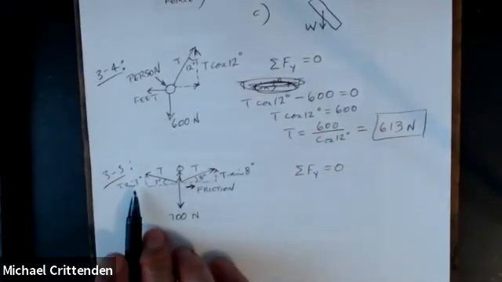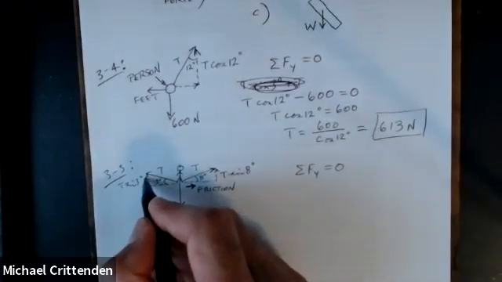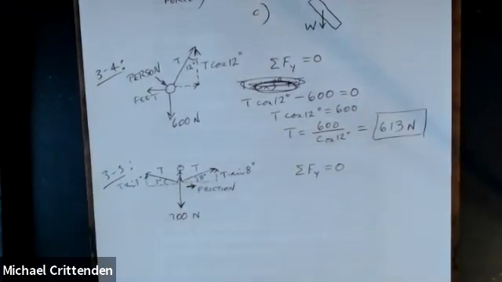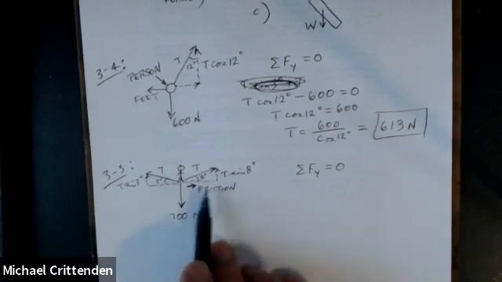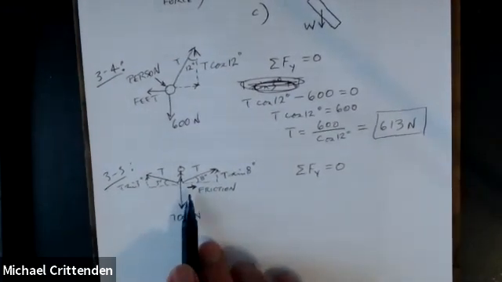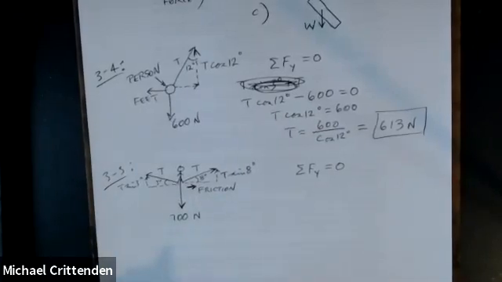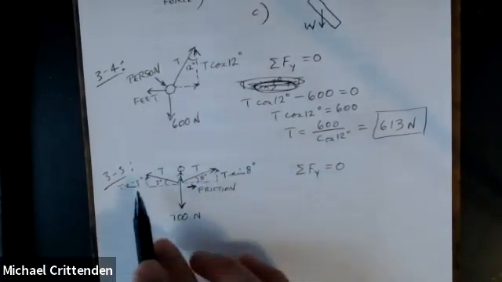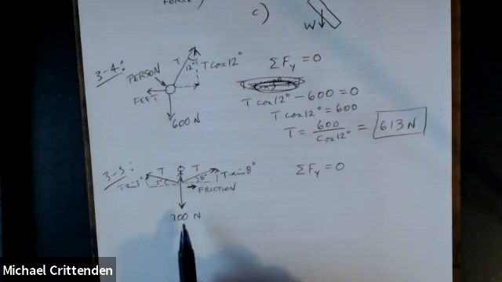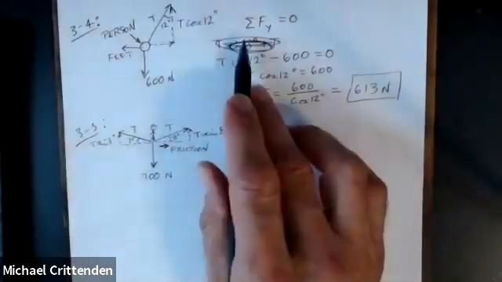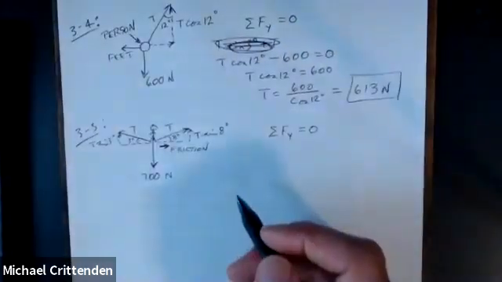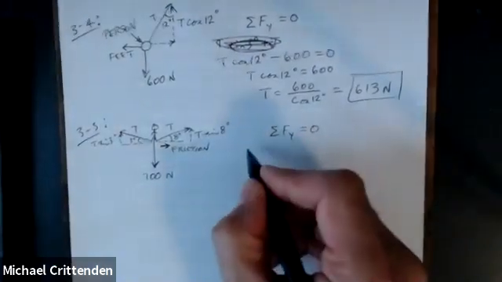T sine of 3 degrees is the amount of upward pull in that section of rope over there. And then the x components almost cancel each other out, a little bit of a difference, which is equal to this friction force. Anyhow, every place there's a vertical arrow on the picture, that's one of the terms in this summation, which I sort of started writing up there because I wasn't paying attention to what I was doing.